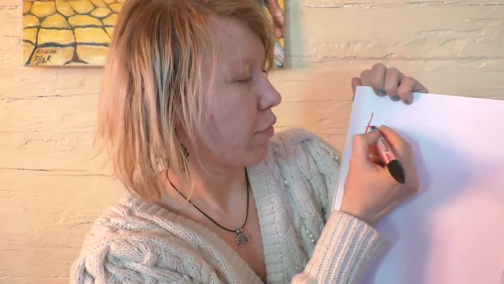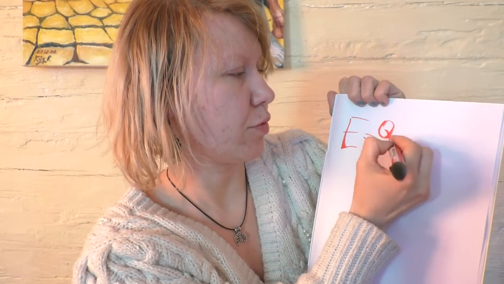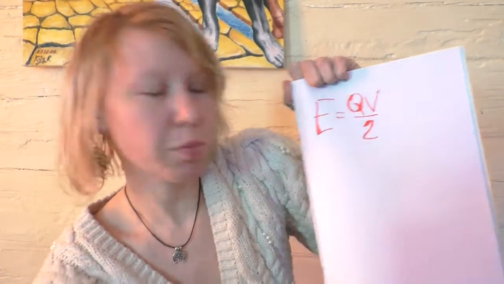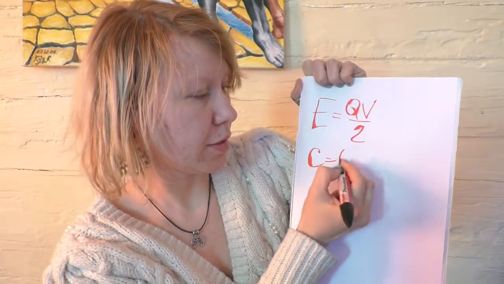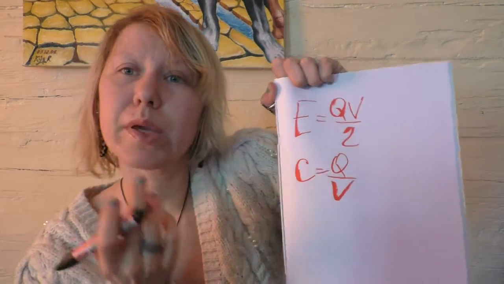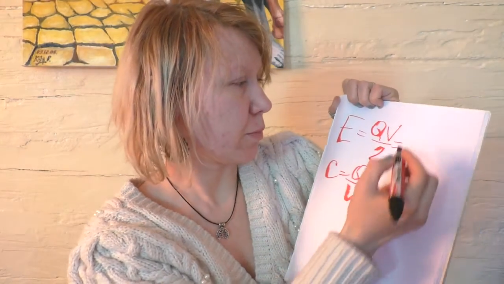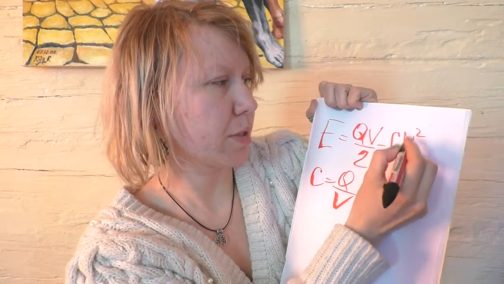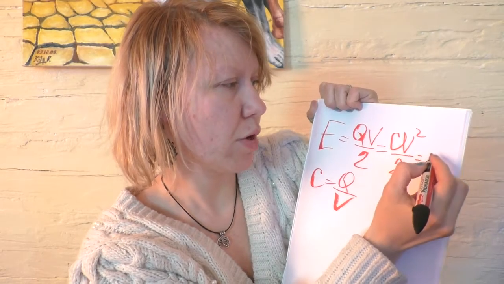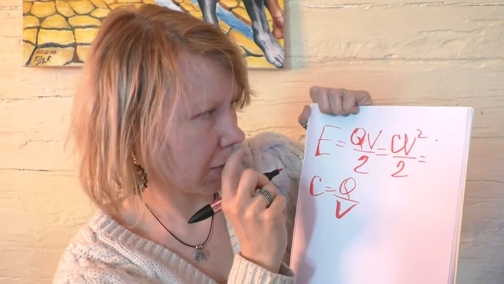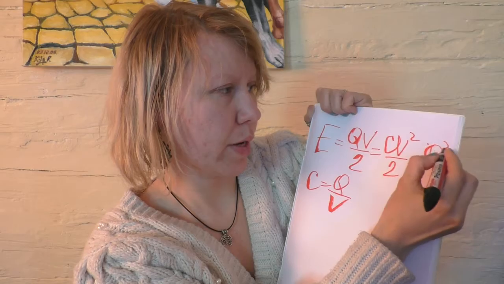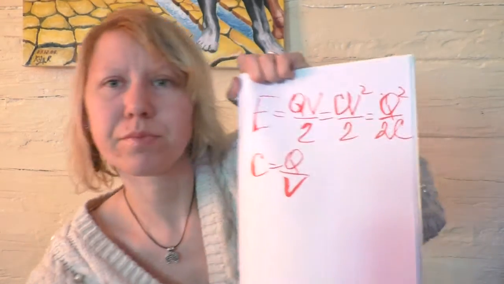We know the formula for energy, QV divided by 2, but we also know that C is Q divided by V. We can substitute this and get more derivatives: CV squared divided by 2, and Q squared divided by 2C.